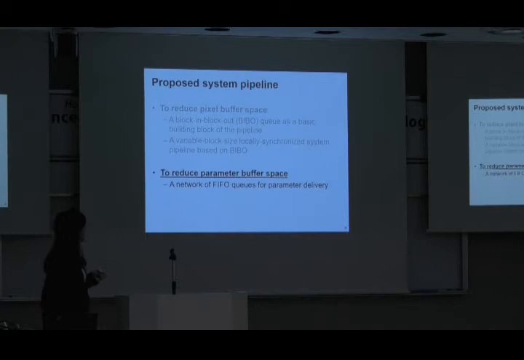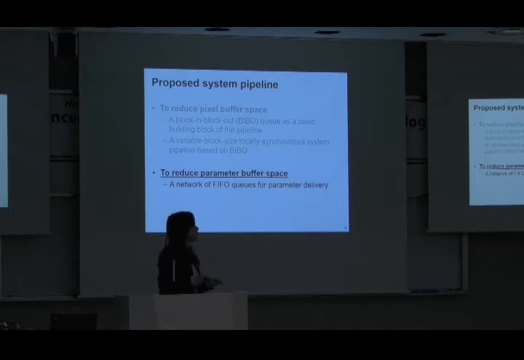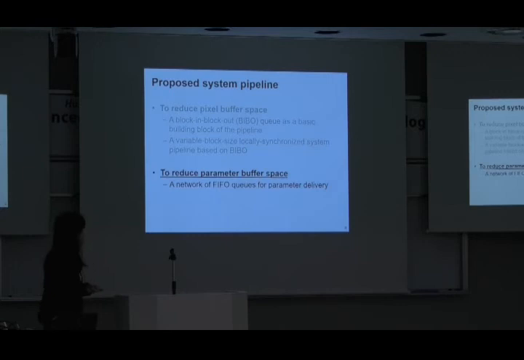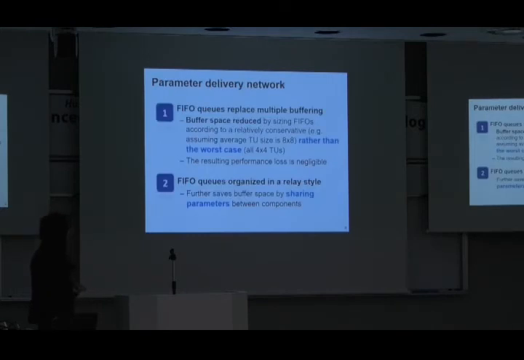Another idea is to store the parameters. We have two things we need to store: one is pixels, one is parameters. Parameters means some modes, prediction modes. I will just briefly introduce the idea. The key idea is that we use a relay style, so it can share some parameters.